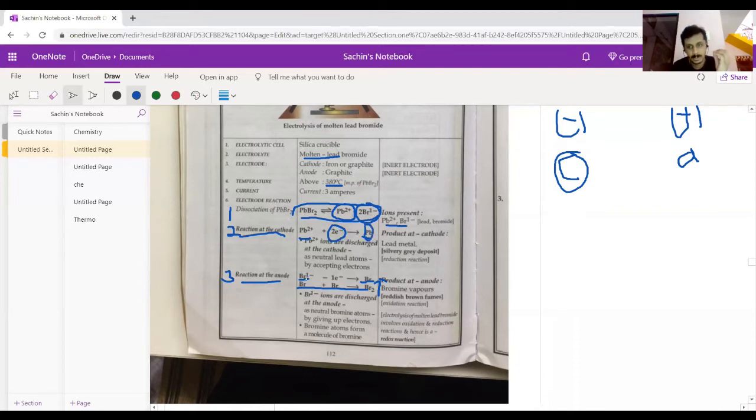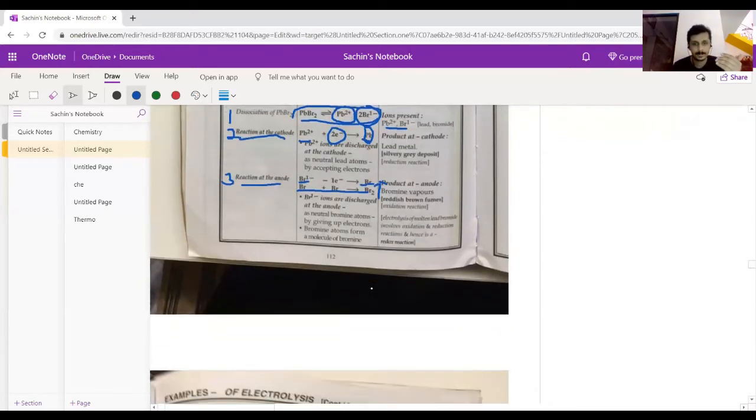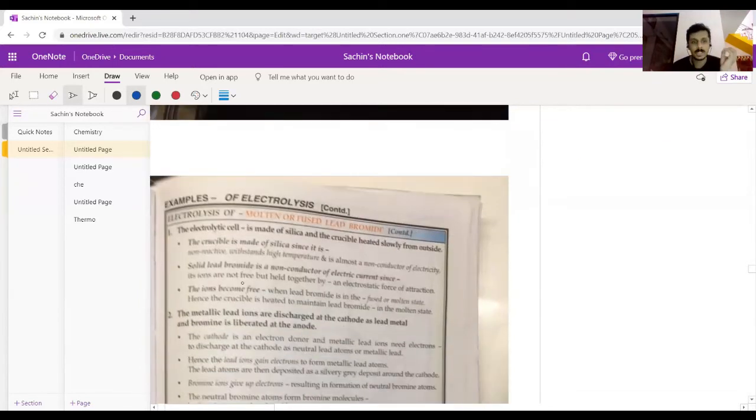Similarly, Br-, an anion, goes towards anode, gives away its excess electron and becomes an atom, and two of those bromine atoms combine together to form the bromine molecule, which will be discharged at anode. So at cathode, lead will be deposited, at anode bromine will be discharged or liberated. So this is the general information.